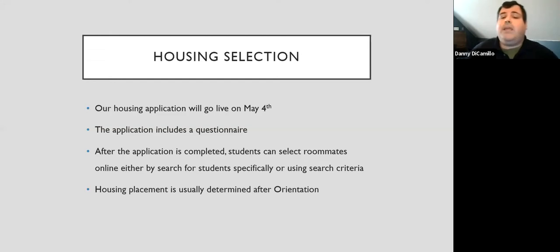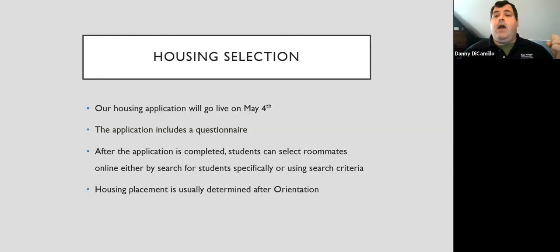After your application is completed, students are able to select roommates. That can either be by searching a student specifically or using the search criteria from our program to find someone. For example, if I knew I wanted Mac O'Neill as my roommate, I could search Mac's name and select her. To confirm that we'd be roommates, Mac would need to select me back.